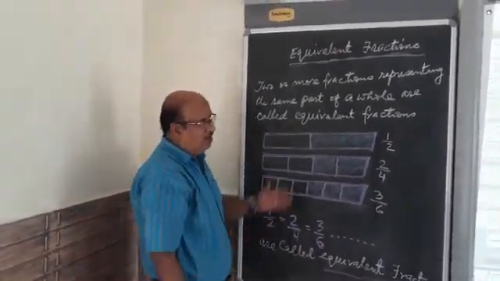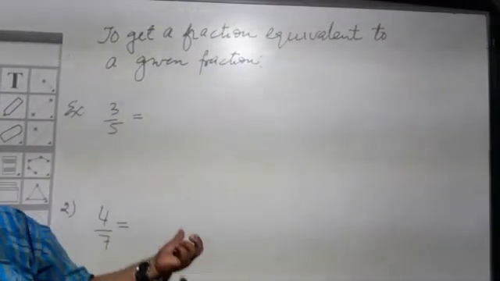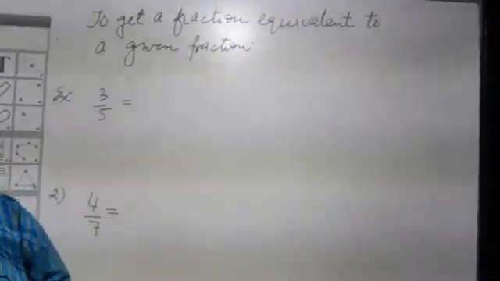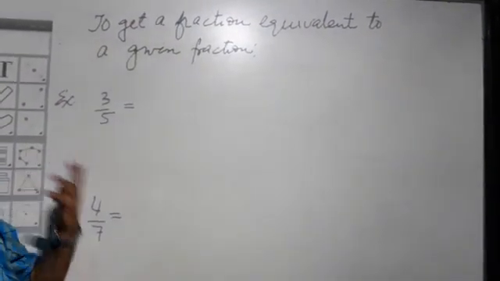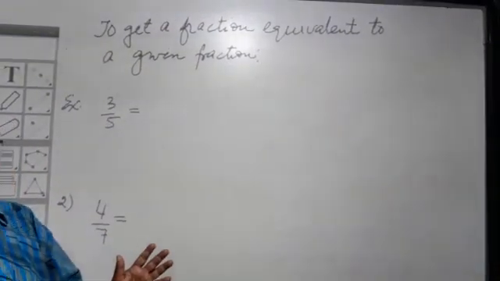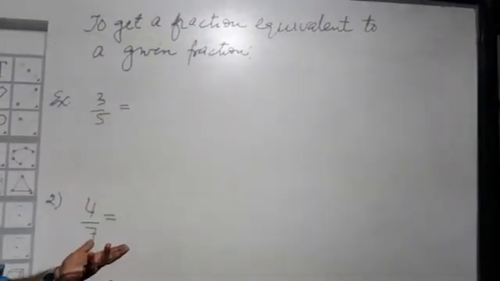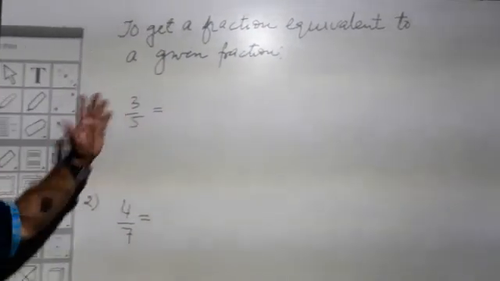Now, to get a fraction equivalent to a given fraction, we multiply the numerator and the denominator by the same natural number, or we divide the numerator and the denominator by the same natural number. Let us take for example, find equivalent fractions of 3 by 5.